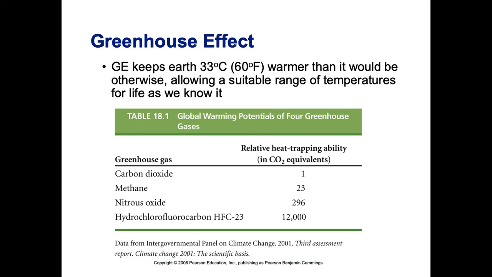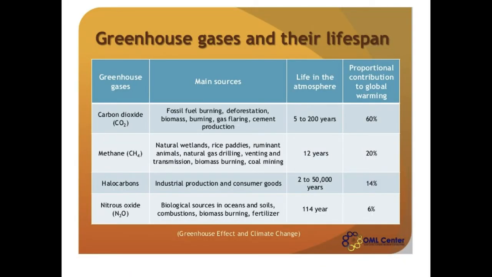Carbon dioxide is also smaller. But you can see this 23 here means that one molecule of methane can trap the equivalent of 23 molecules of carbon dioxide, and so on. But there's a lot more carbon dioxide, which is why we talk about it the most.